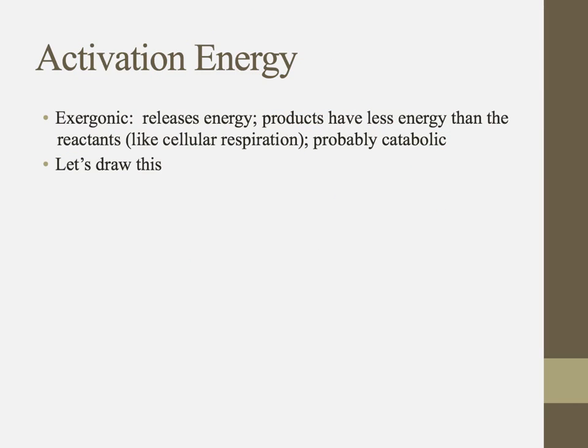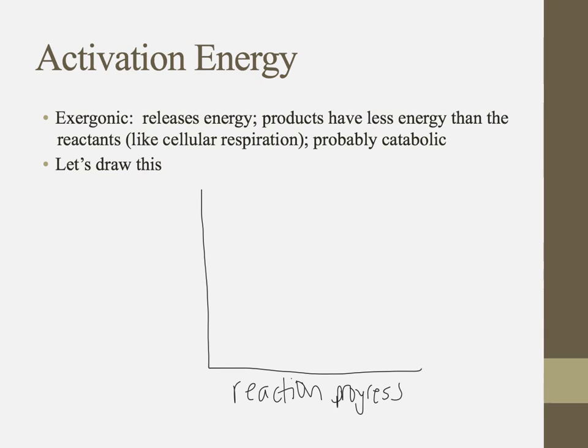Quite the opposite is true for exergonic reactions. So again, we have our reaction progress down here on the x-axis and energy here on the y-axis. In an exergonic reaction, this is going to release energy from that reaction, and that's because the products have less energy than the reactants.